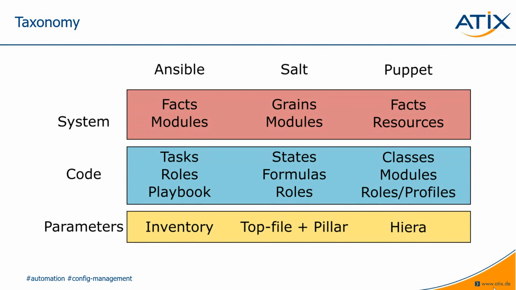And for the parameterization in Salt and in Puppet, there is the possibility to group all my hosts into certain layers. So again, in Puppet, this is called Hiera, from hierarchy. So it can have a hierarchy file which applies to every host.